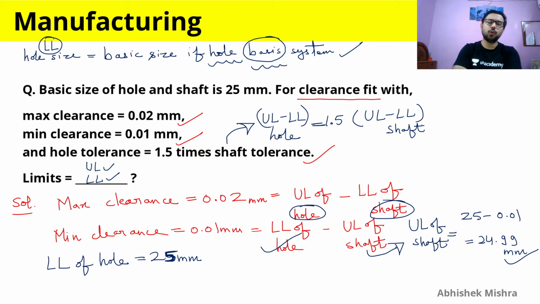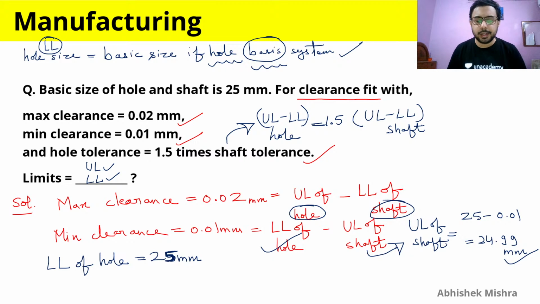Because you should know this: tolerance is the upper limit minus lower limit in every question. In every case, consider tolerance every time as upper limit minus lower limit. So upper limit is the maximum size of that object, and lower limit is the minimum size of that object.